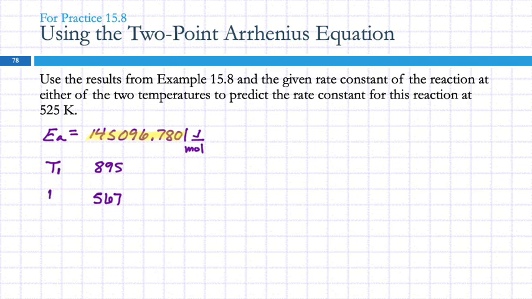And this is rate constant 1. We're predicting the rate constant at 525. So temperature 2 is 525 Kelvin, and rate constant 2 is what we're trying to find. Any questions?